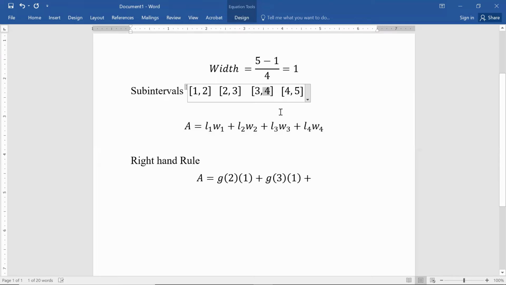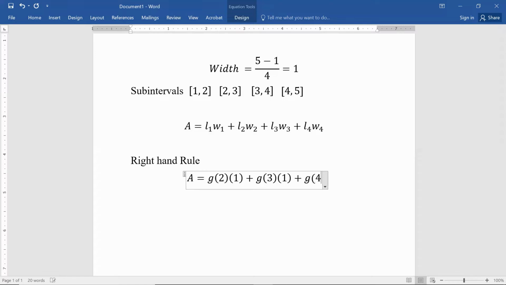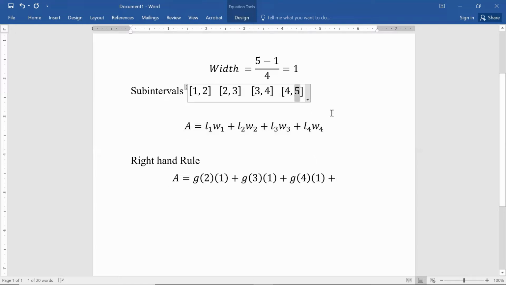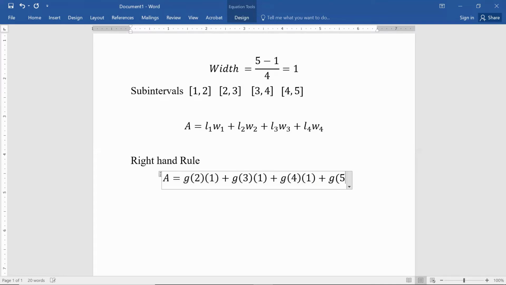The third rectangle uses 4 for the right-hand rule. So g of 4 is going to be the length times a width of 1. And the fourth rectangle is going to use 5 as the right-hand value. So g of 5 is the height of that rectangle.